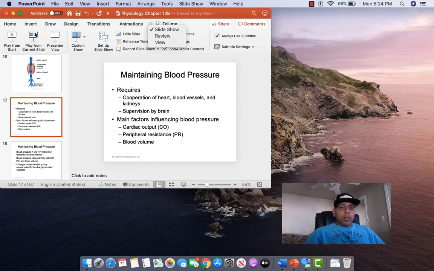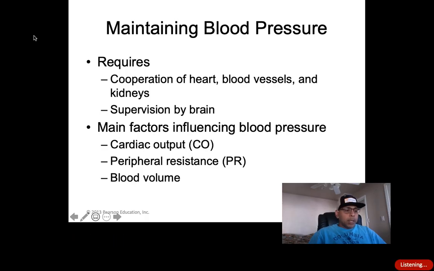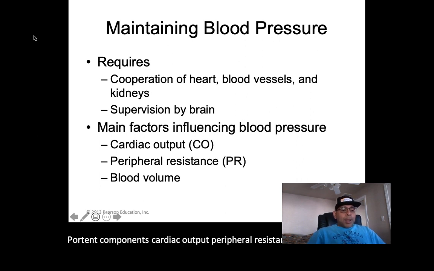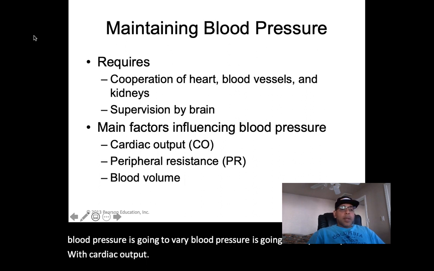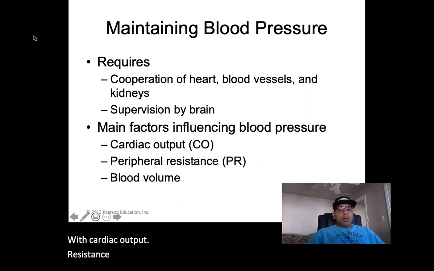So here, I want you to know these three important components. When we go through these three important components, cardiac output, peripheral resistance, and blood volume, blood pressure is going to vary directly with cardiac output, resistance, and blood volume.